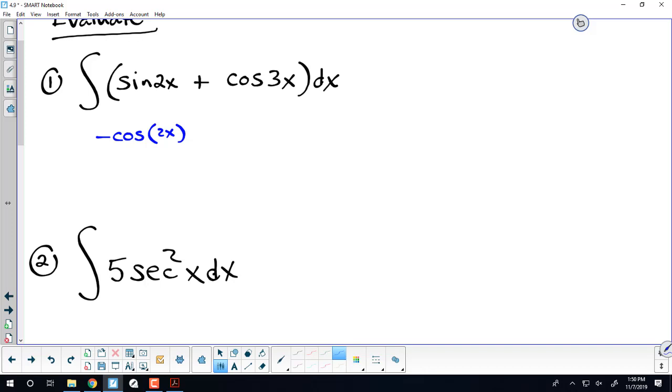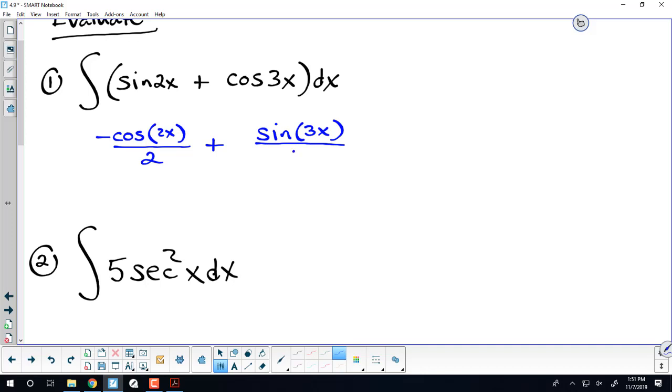If we took the derivative, we would multiply by 2, by the chain rule, but we're taking the antiderivative, so that's why we have to divide by 2. So the antiderivative of sine 2x is negative cosine of 2x over 2. The antiderivative of cosine is sine.